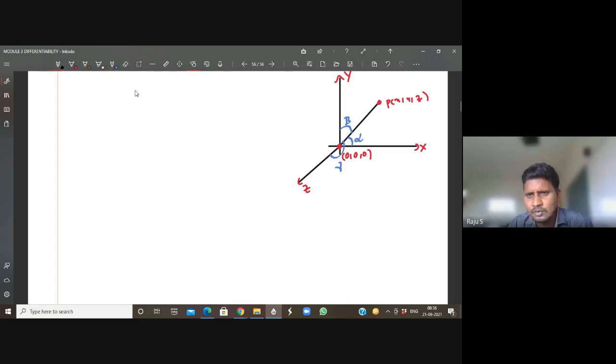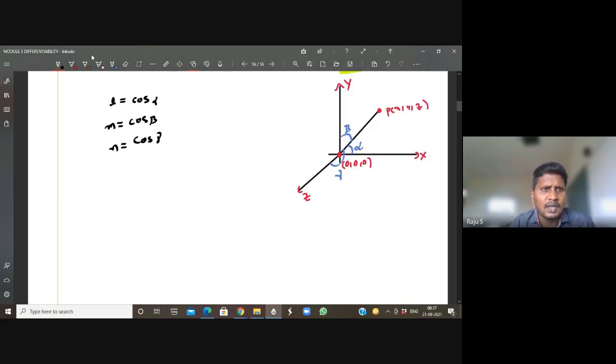So already we studied that cos alpha, cos beta, cos gamma are called direction cosines, denoted by L, M, N. And the direction ratios means any vector, like A1 i plus B1 j plus C1 k.